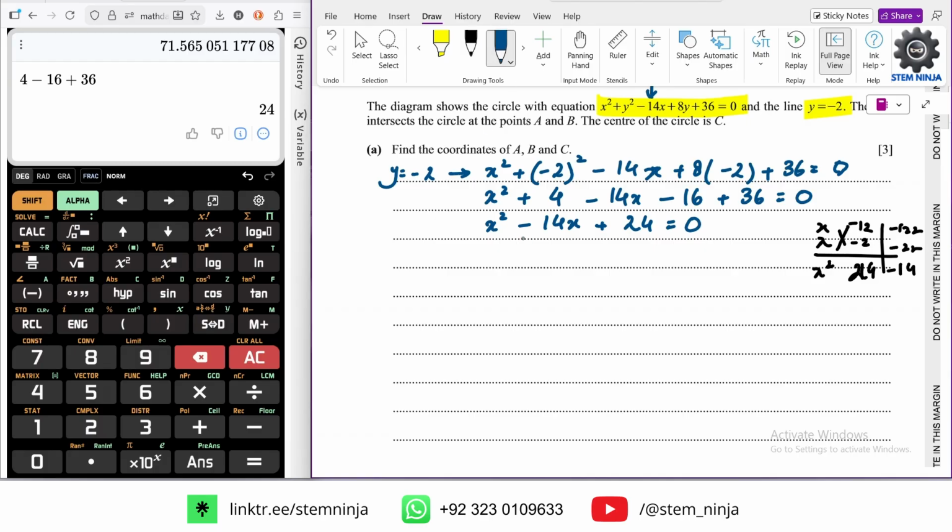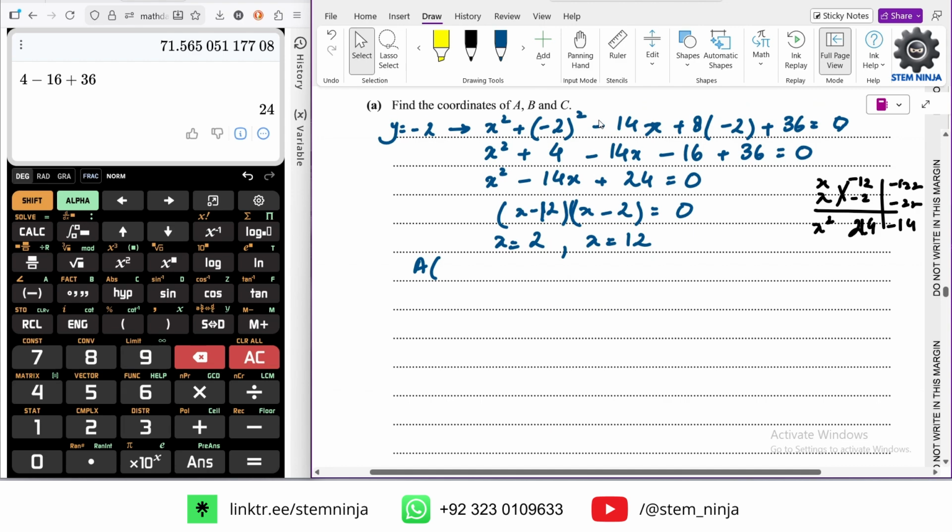This would be (x minus 12)(x minus 2) equal to 0. So either x is equal to 2 or x is equal to 12. So A is 2, minus 2, and B is 12, minus 2.